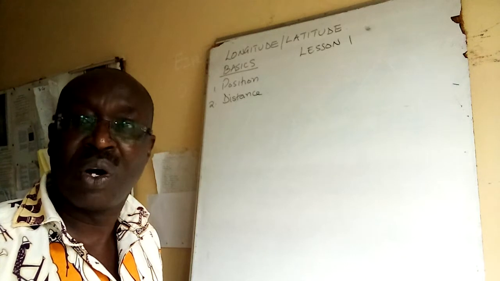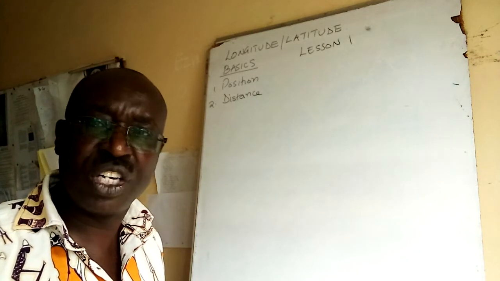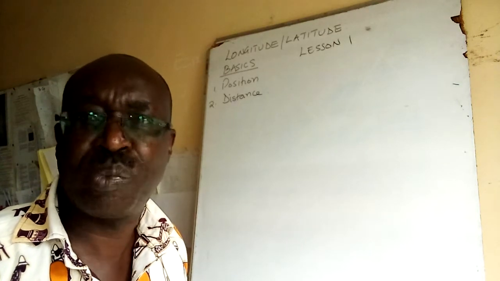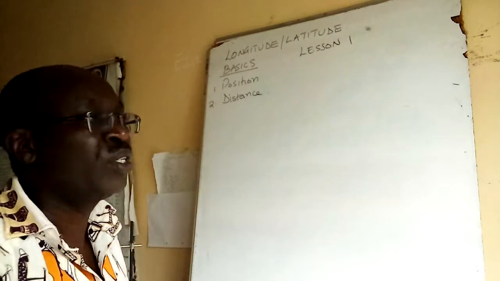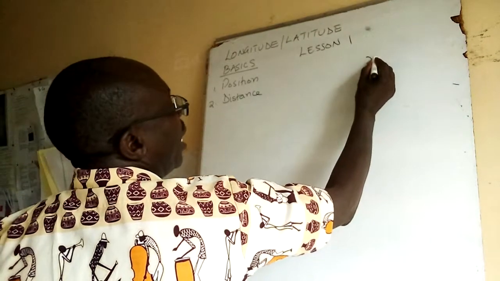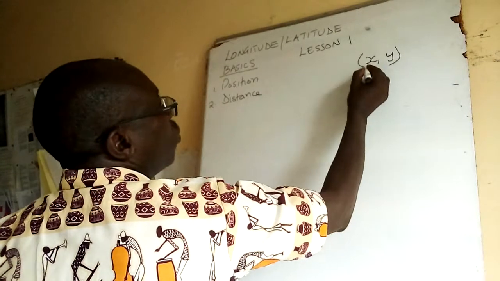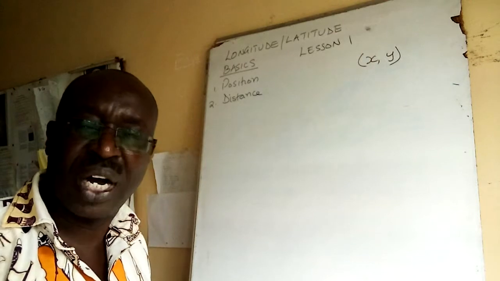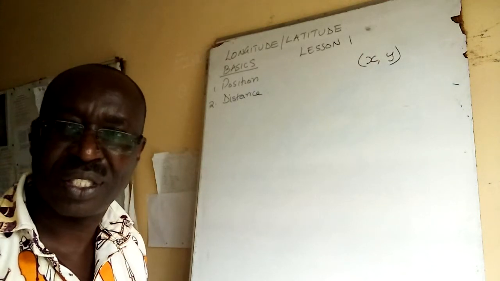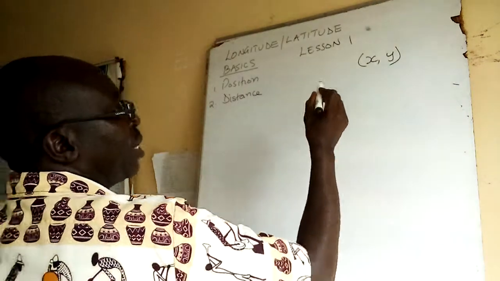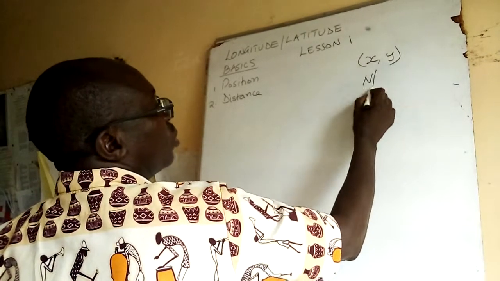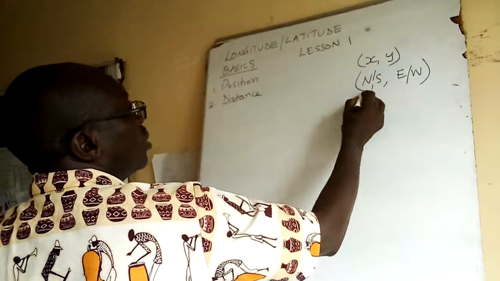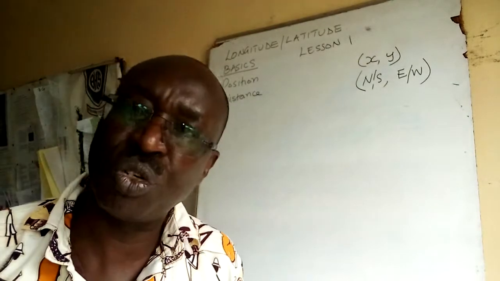Even in longitude and latitude, you have a systematic way of expressing a position. In the coordinate system, we have the x axis and the y axis. Here we express north or south, and then east or west. That is how position is expressed.